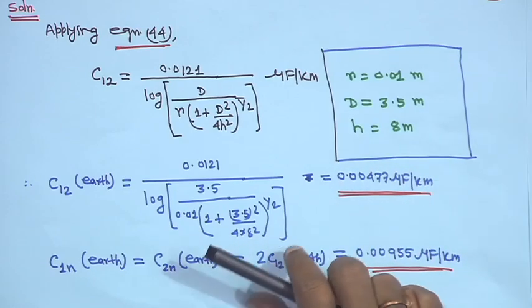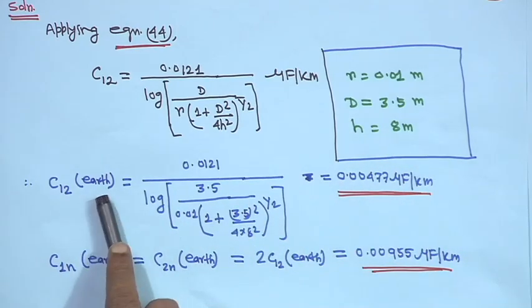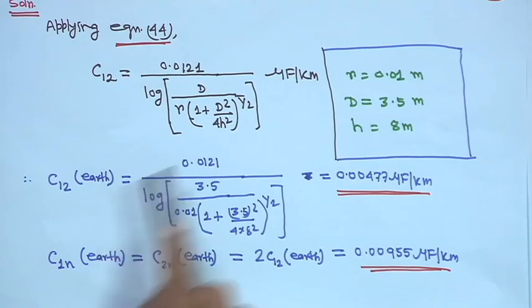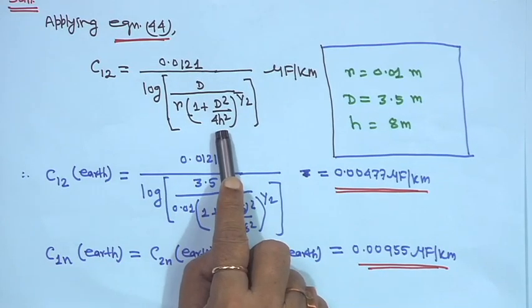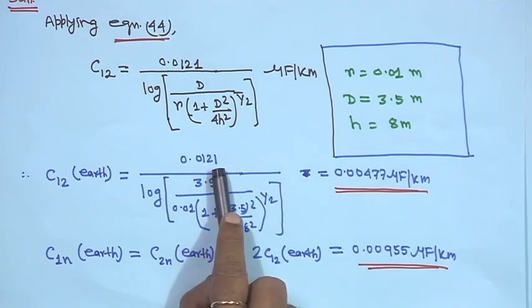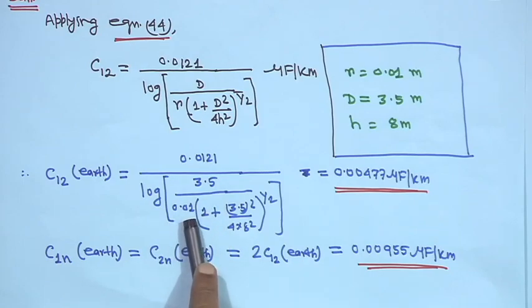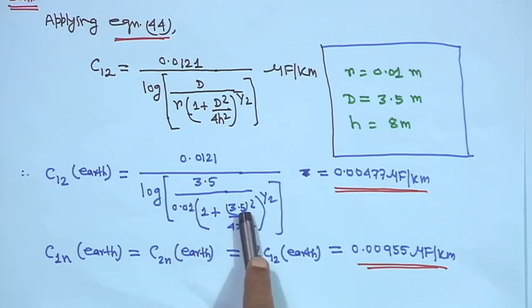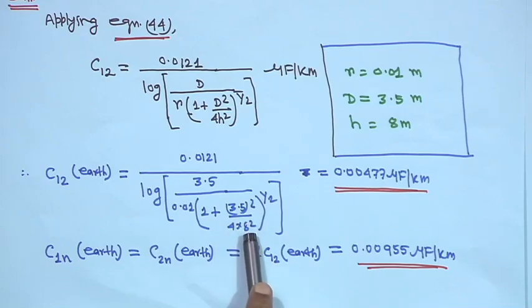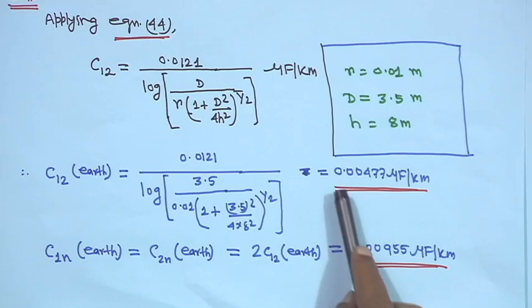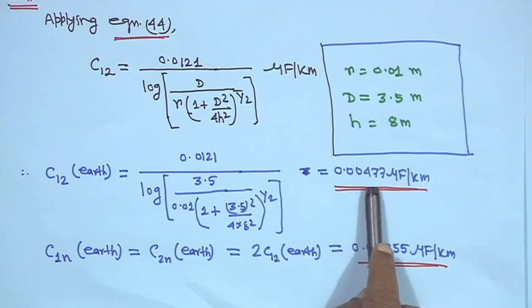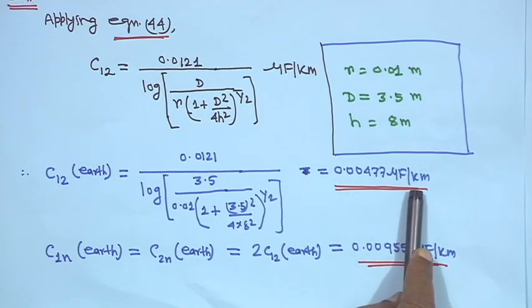Here I am writing C12 earth, because this equation is used when the effect of the earth is considered. So, 0.0121 divided by log 3.5, that is your d, then r 0.01, bracket 1 plus 3.5 square divided by 4 into h, 8 square, to the power half. This comes to 0.00477 microfarad per kilometer.